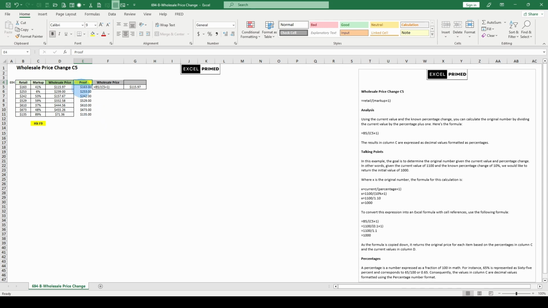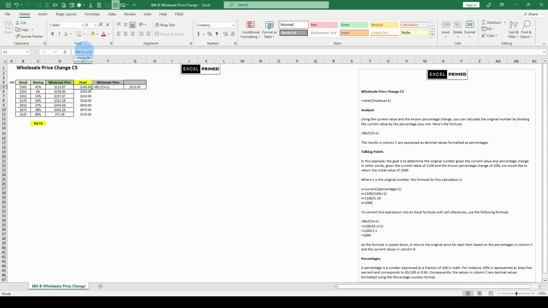This is what I've shown you so far. We've gone B5 divided by C5 plus 1. We've gone C5 divided by B5 plus 1. We've gone through this proof, D5 times 1 plus C5. We've gone through C5 times 1 plus D5.